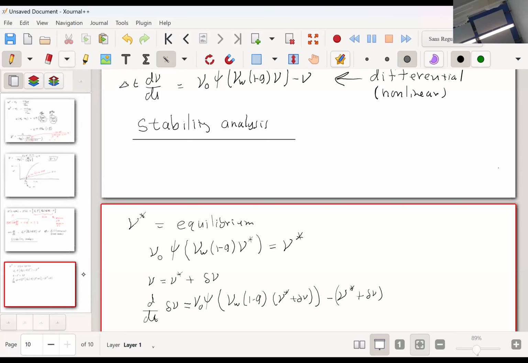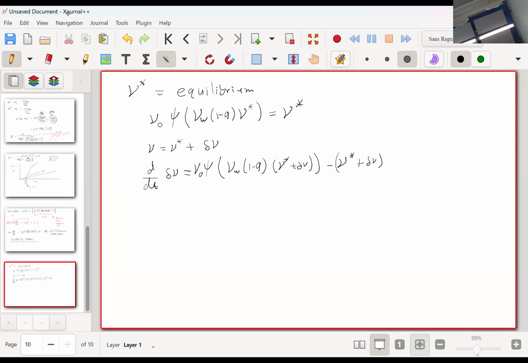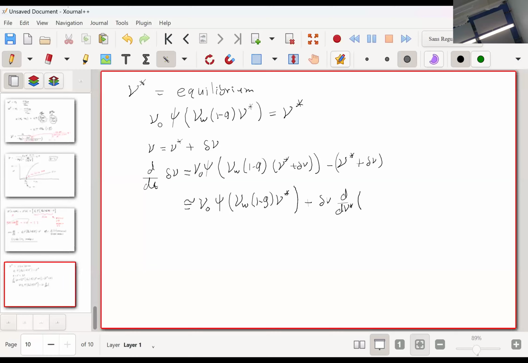Okay, so that's exact. What we're going to do now is Taylor expand this and write it as approximately equal to nu 0 psi of w 1 minus g nu star, and then plus delta nu times d d nu star of nu 0 psi of w 1 minus g nu star, then minus nu star minus delta nu.